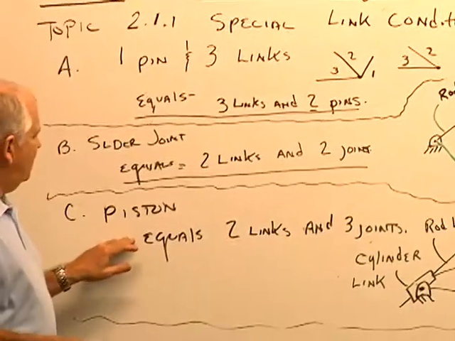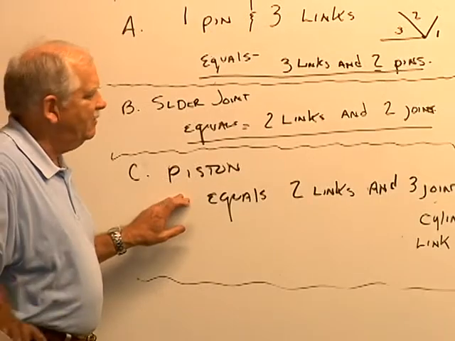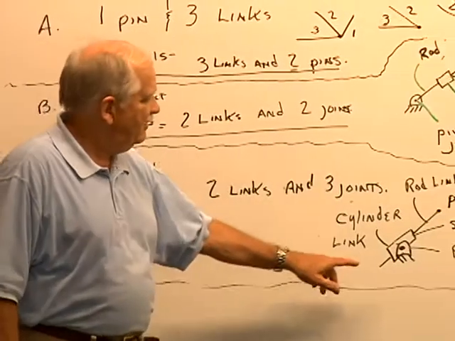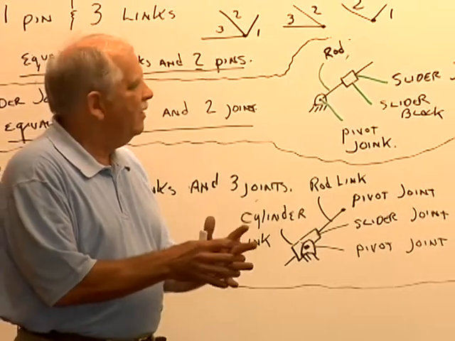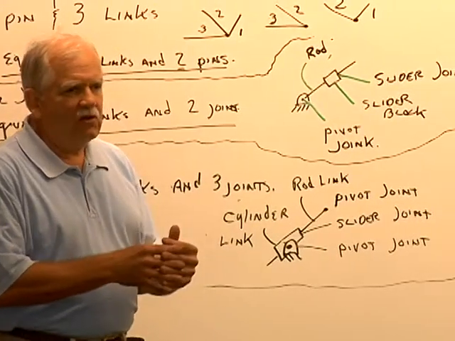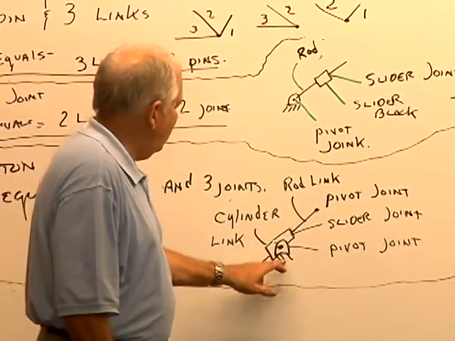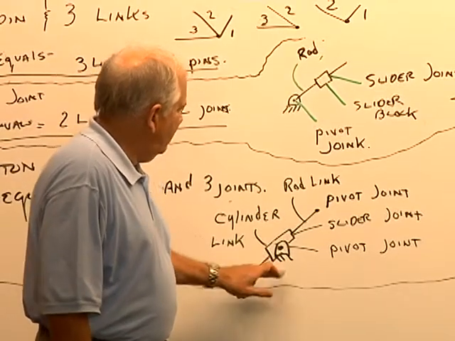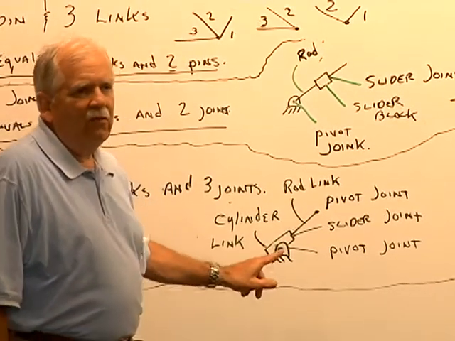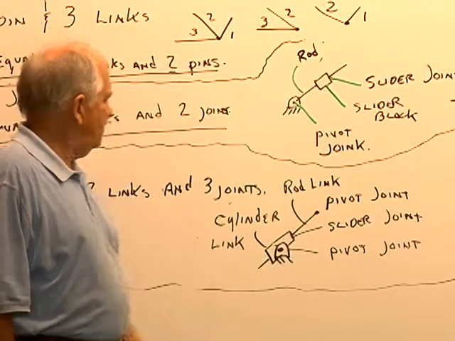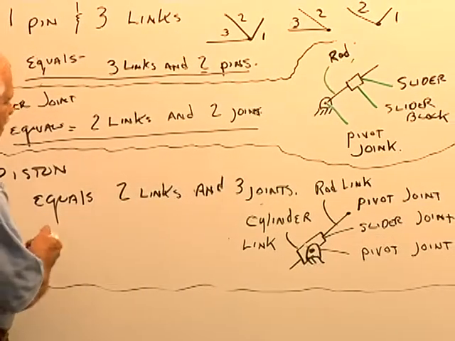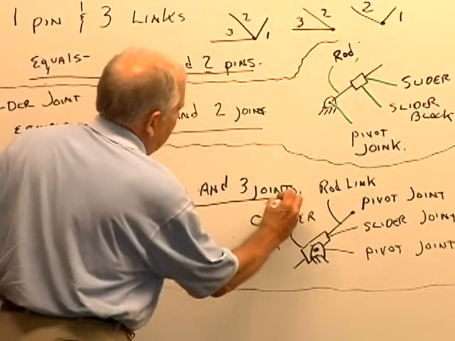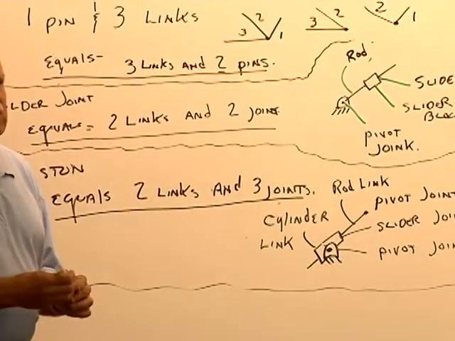And the third situation is a piston, and the piston is generally connected to the frame or connected to a more complex joint, so therefore we have that in position, and then the rod extends from that rigid position. And in this case, we're going to have 2 links and 3 joints. Okay, 2 links and 3 joints.